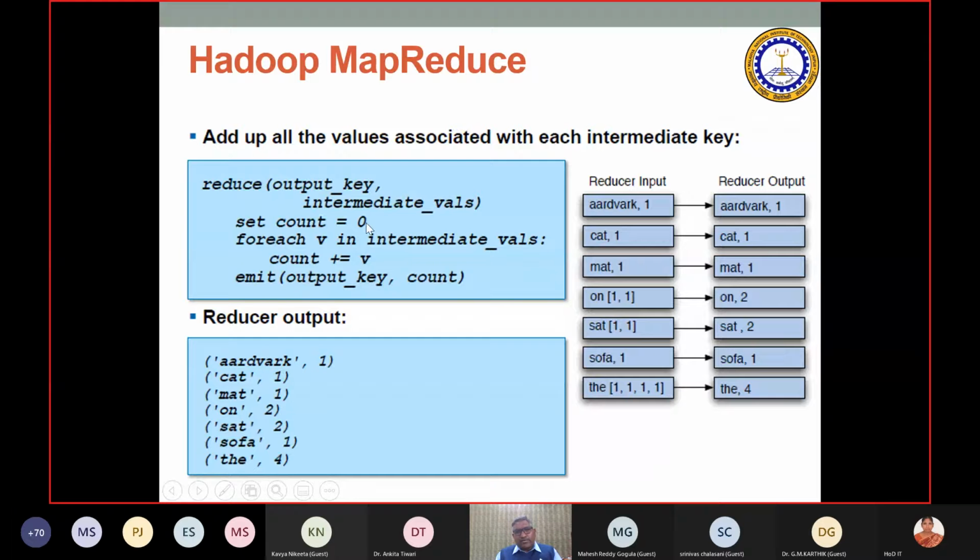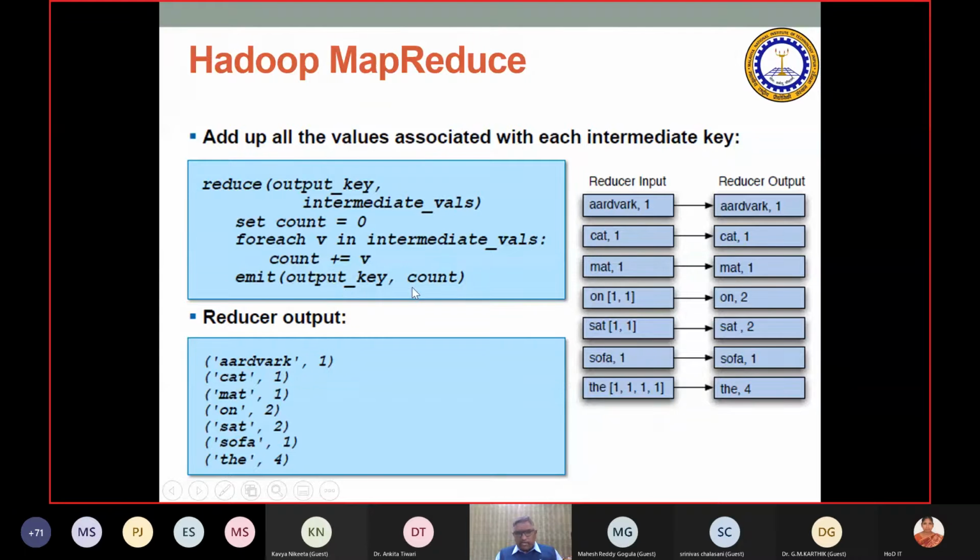So for each V in the intermediate values, which will have different words, right? If a V is coming in the intermediate values, you increment count plus equal to V. So how many times that particular word comes, you increment the value. Finally count is incremented, and then the output key is equal to the count.